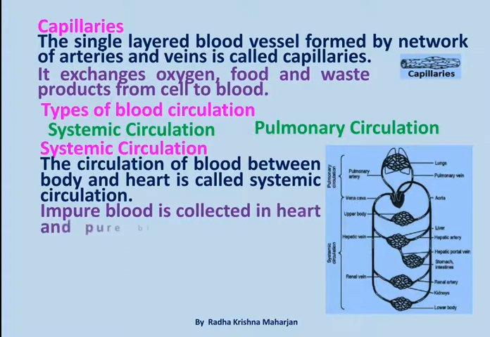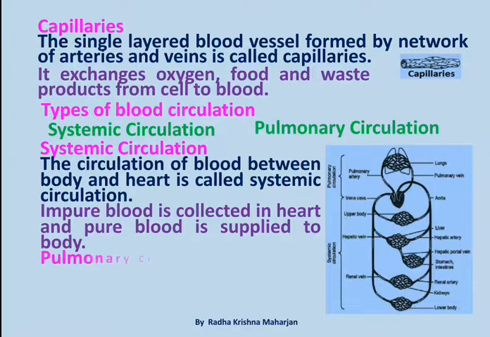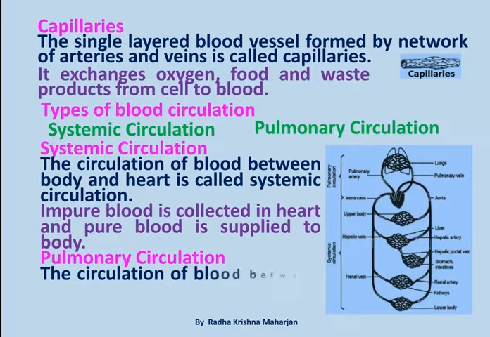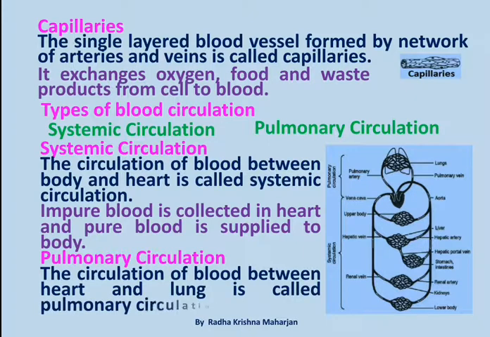Impure blood is collected in heart and pure blood is supplied to body. Pulmonary circulation. The circulation of blood between heart and lung is called pulmonary circulation.